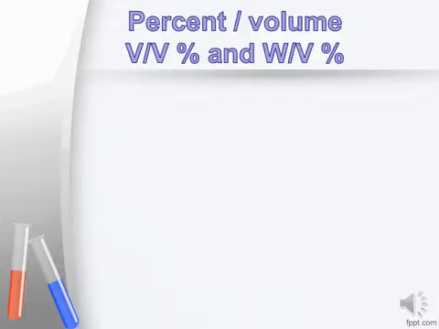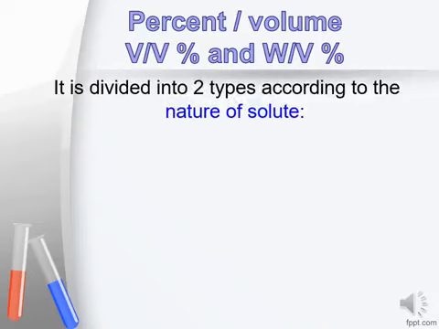Again, can we subdivide this percentage? Yes, percentage can be divided according to the type of solute. The definition of percentage again is the amount of solute dissolved in 100 parts of solution.